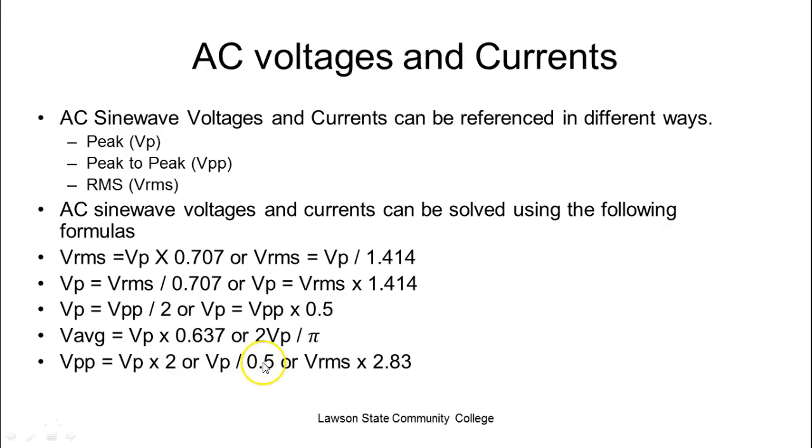Or I can divide it by 0.5, or I can multiply it by 2.82, which takes into consideration going all the way from VRMS. But now I've got to remember all these numbers. So it's real easy for me to remember that V peak to peak is twice V peak. If I know that, and V peak is 1/2 of V peak to peak, which makes it pretty easy.